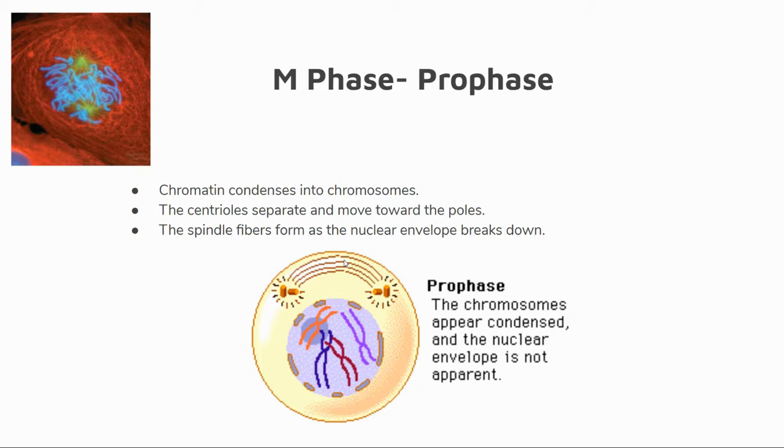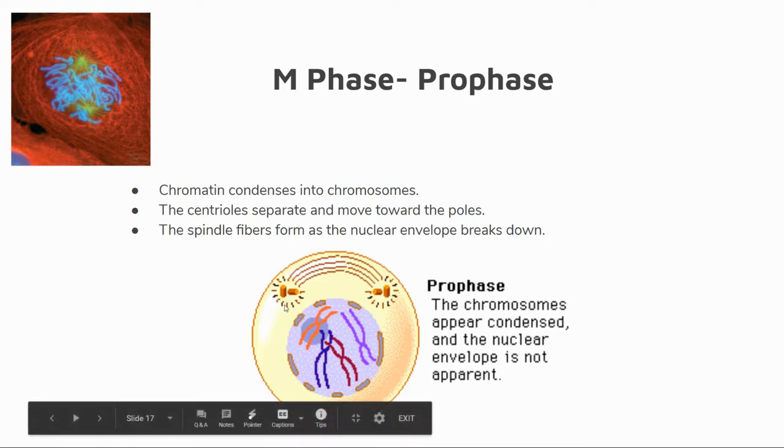So prophase, it's important to be able to visually see what's happening in prophase as well as being able to describe what's happening with words. Chromatin condenses into chromosomes. The centrioles separate and move towards the poles, okay, opposite ends of the cell, and spindle fibers form as the nuclear envelope begins to break down. So you'll see the centrioles here begin to move to other ends of the cell.